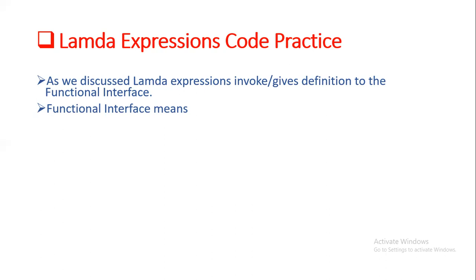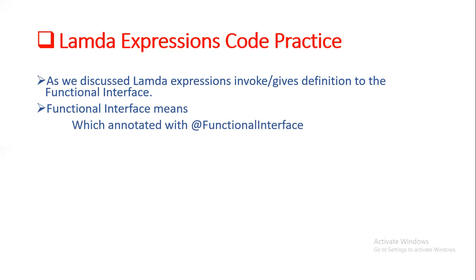To write code, we should know two points about functional interfaces. The first point is, to make a functional interface, we should annotate @FunctionalInterface above our interface.